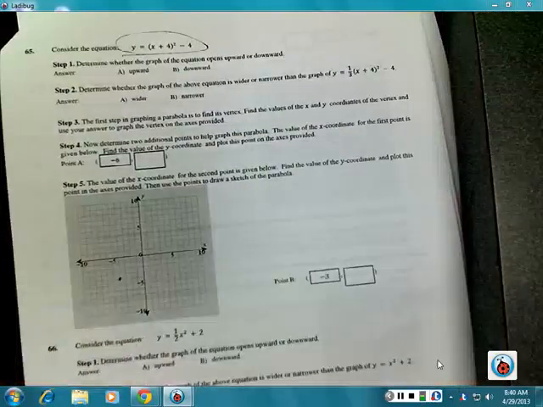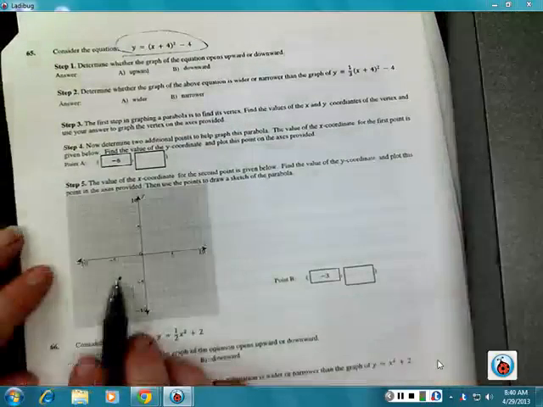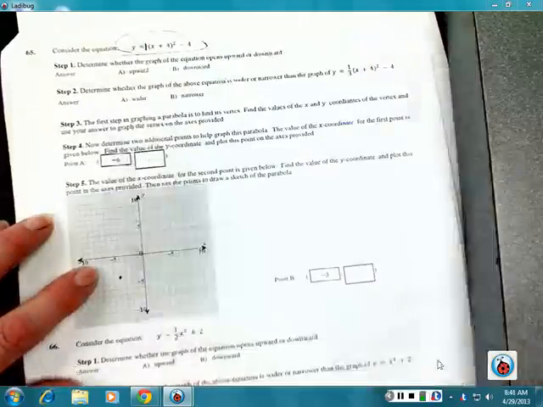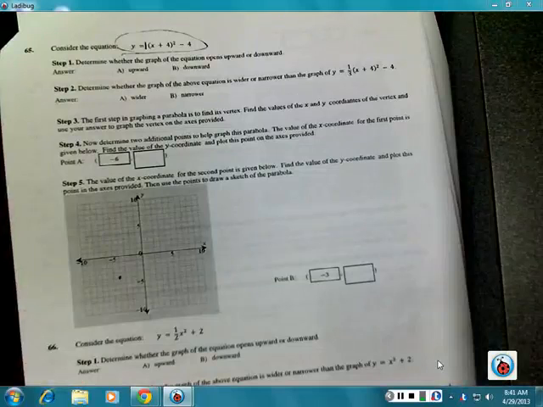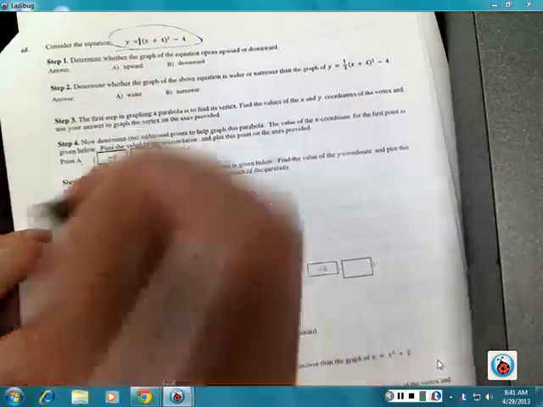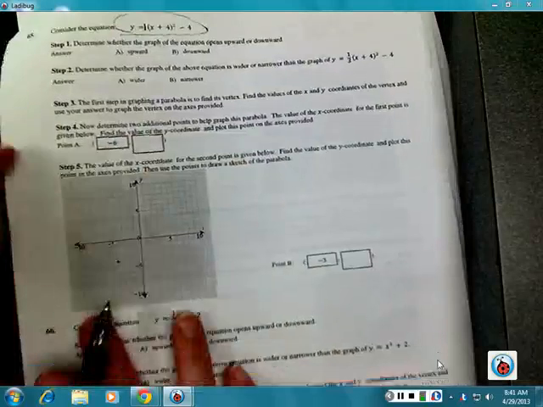So my vertex would be at that location. The value in front is a 1, so it's basically a normal graph. And so it would just be a parabola that goes like this. But I need to finish it on here so it looks right.